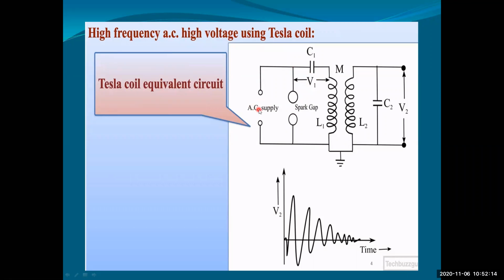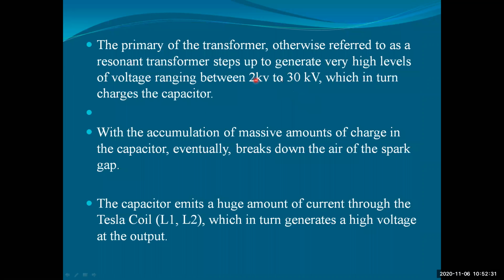By using this supply, and by setting a proper distance between these two spheres, we have to charge the capacitor up to 2 kilovolts to 30 kilovolts.